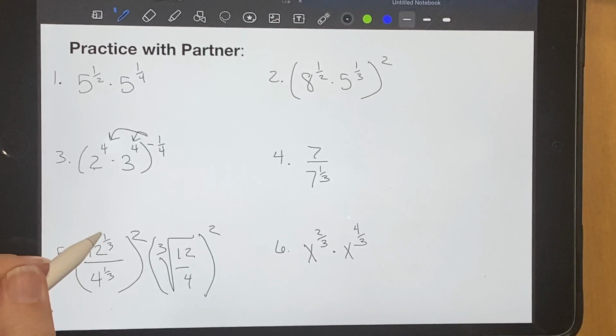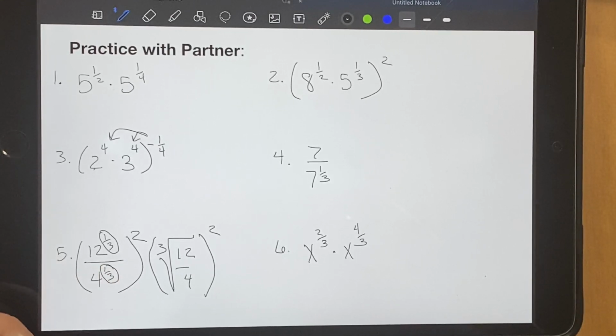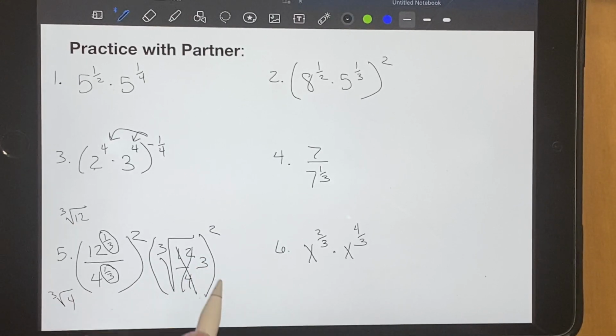So what I did here is I saw that our fractional exponent is exactly the same. It is a cube root of 12 over a cube root of 4. I can't do either of those, but I can combine this. 12 divided by 4 is 3, so that was super easy to simplify. So now I have a cube root of 3 squared.